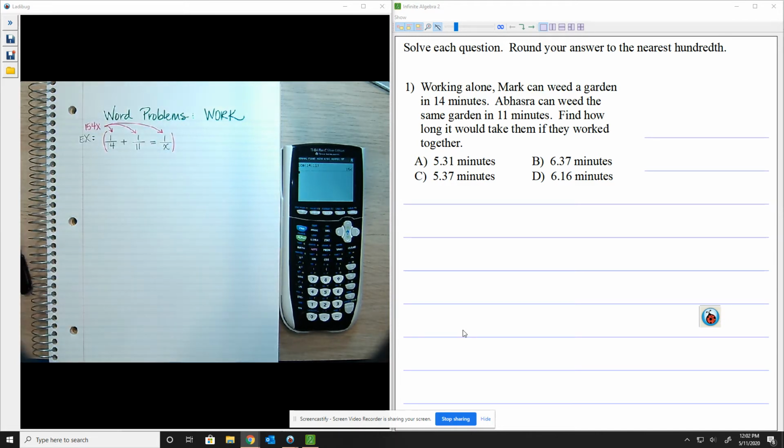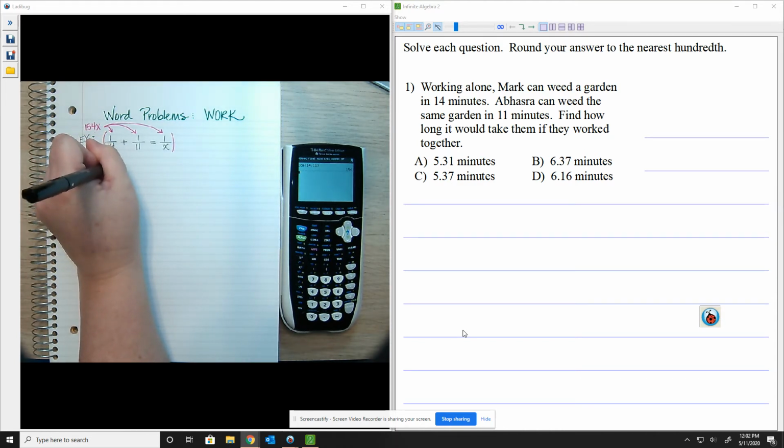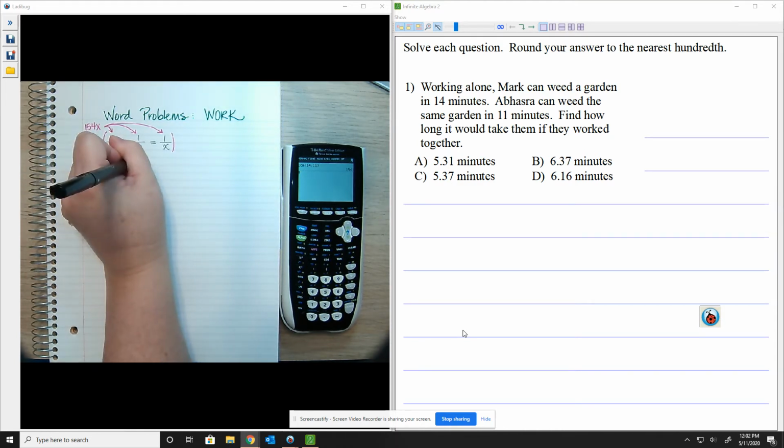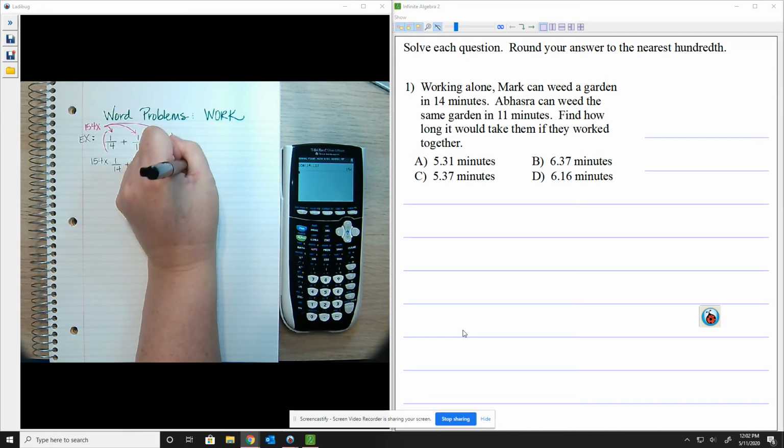I am going to show the work. So 154x times 1 over 14 plus 154x times 1 over 11 equals 154x times 1 over x.